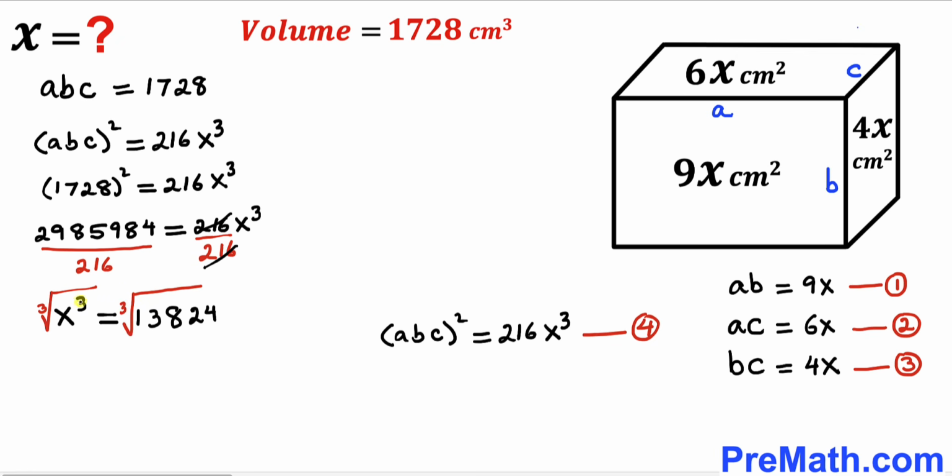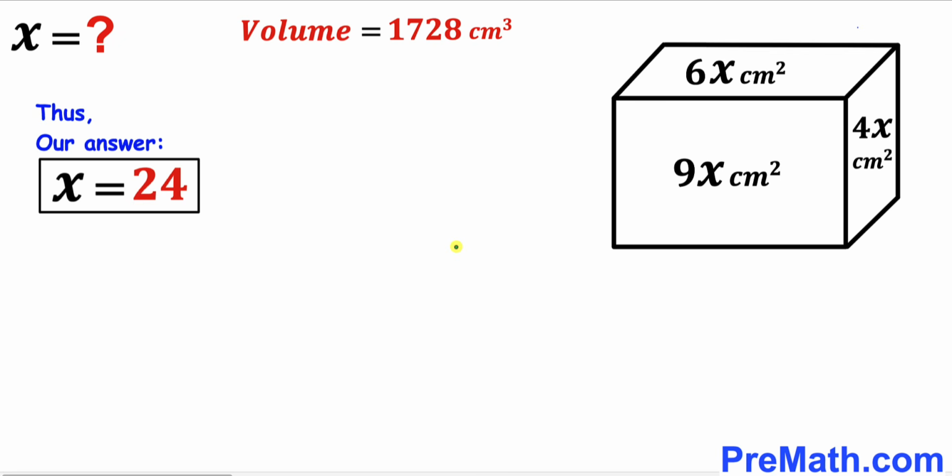Here we can see this cube and cube root undo each other. So our x value is going to be equal to the cube root of this whole thing, which is going to be 24. So after all the calculations and manipulations, the x value turns out to be 24. And that's our final answer.